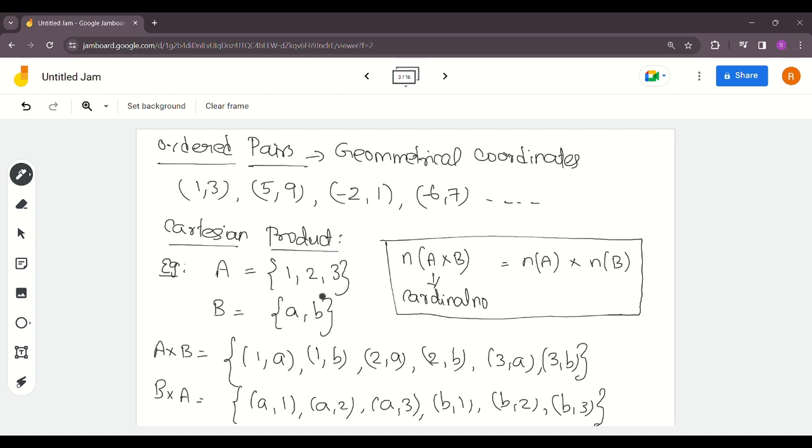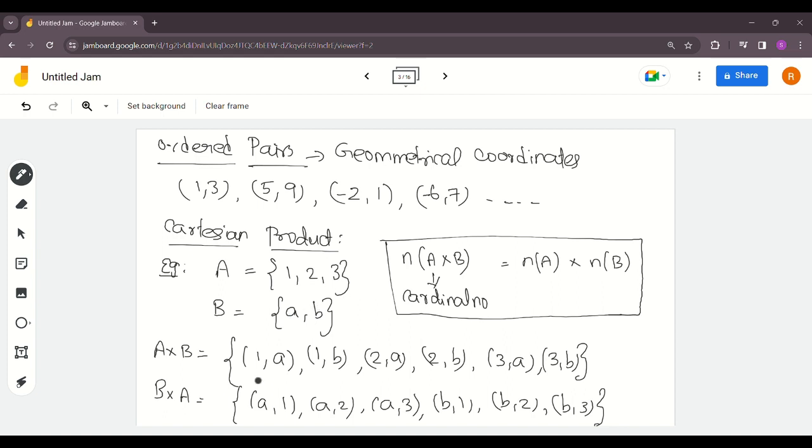So it should come as (1,a), (1,b), (2,a), (2,b), (3,a), (3,b). You should do this mapping carefully. I repeat: 1a, 1b, 2a, 2b, 3a, 3b.